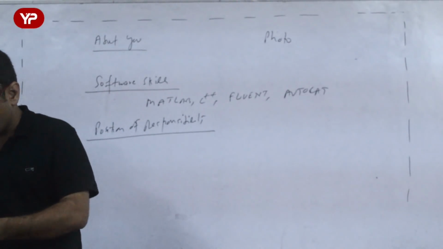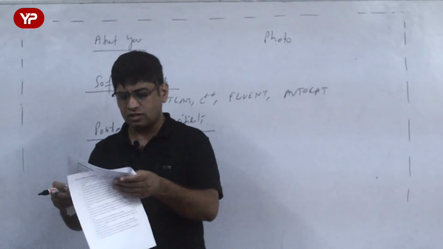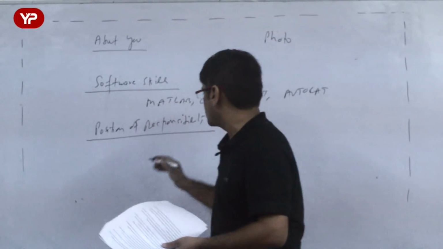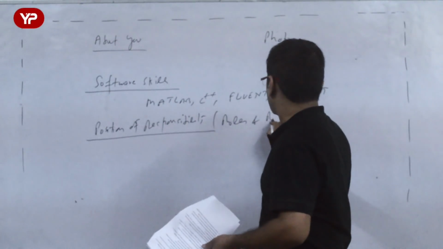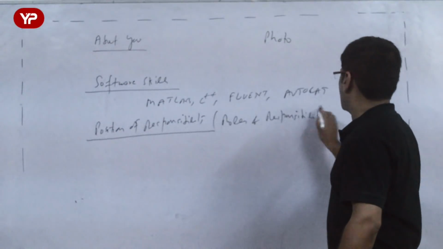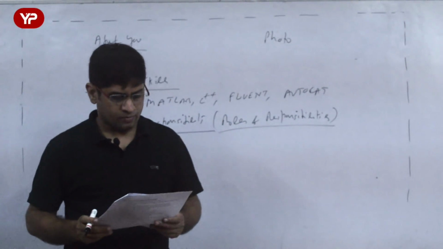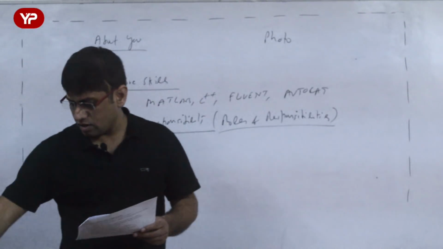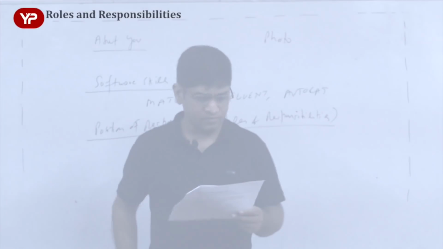Let me tell you, in the position of responsibility, from your college roles, this can be written in another way: roles and responsibilities. It can be this name also. So either this name or this name, any name you can use. So let me read some roles and responsibilities which you can use in this particular column.